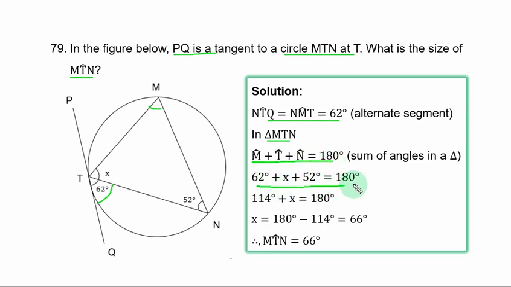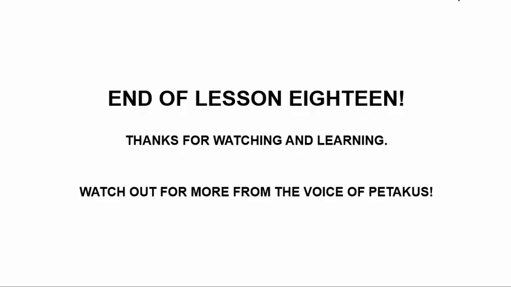You have it in this form and this result. Angle S becomes 180 degrees minus 114 degrees, and that is 66 degrees. Therefore, angle MTN denoted by S is equal to 66 degrees. End of lesson 18.